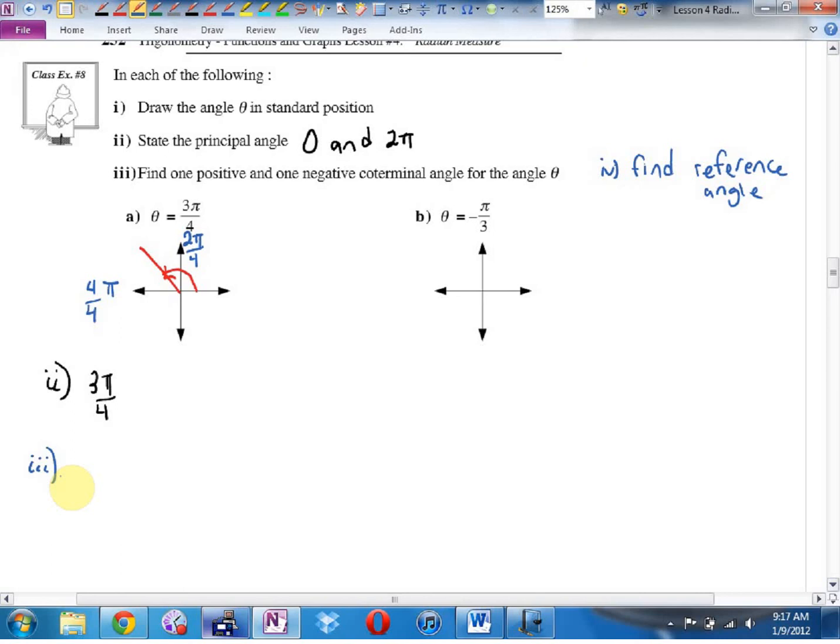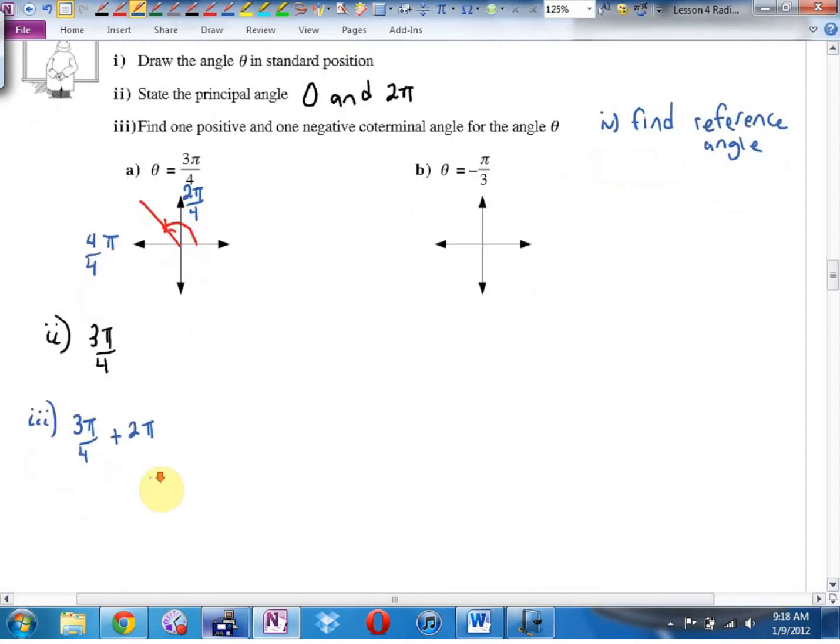Okay, so I'm going to say 3 pi by 4 plus 2 pi, and 3 pi by 4 minus 2 pi. No, I'm not. That's dumb. I'll write that just this once. But why confuse myself?